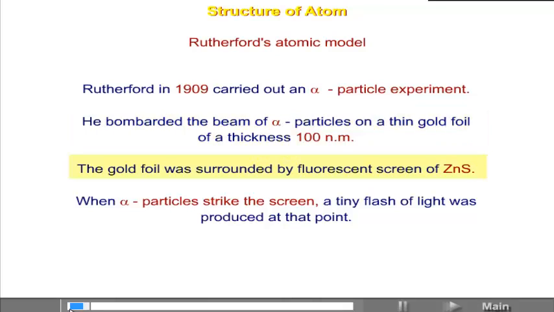The gold foil was surrounded by a fluorescent screen of zinc sulfide (ZnS). When alpha particles strike the screen, a tiny flash of light was produced at that point.